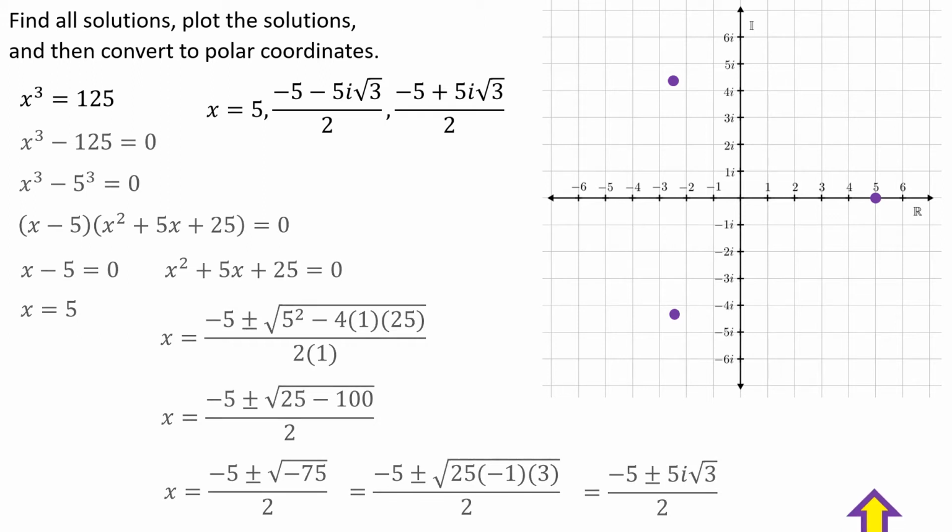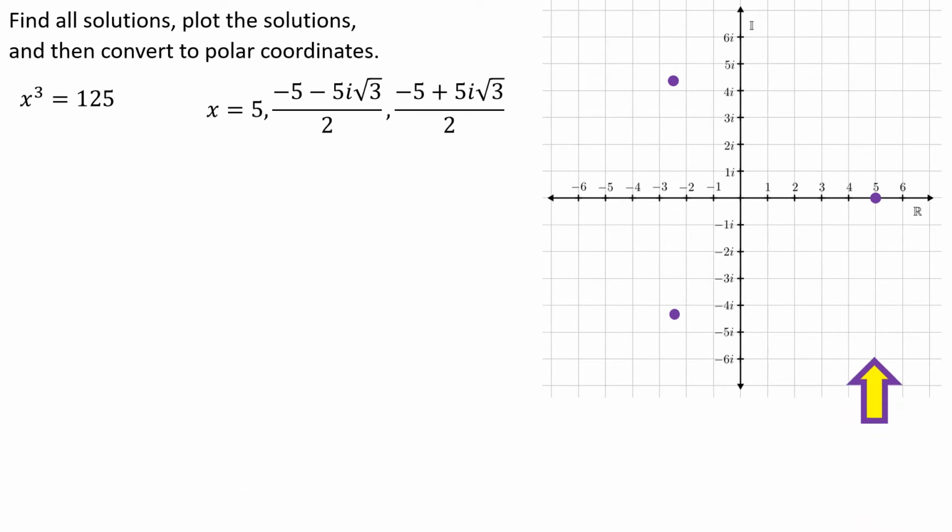Egads. Well, the first solution is just really easy, right? It looks like the distance is 5, and we're lined up with 0 degrees. So that one's easy.